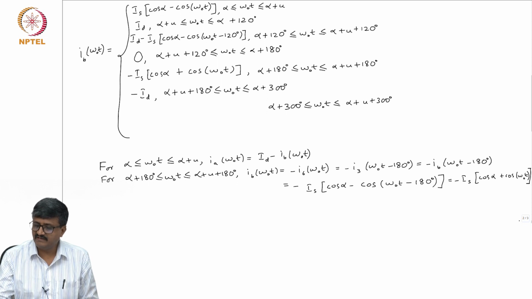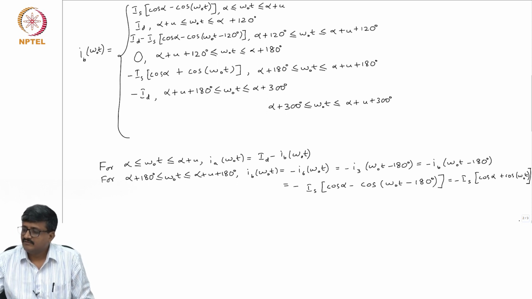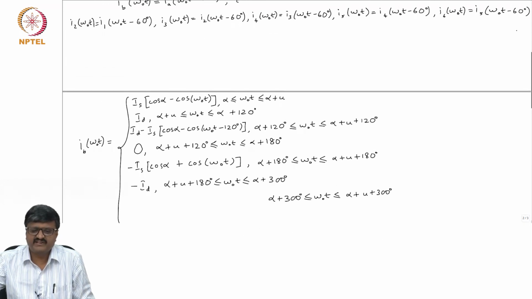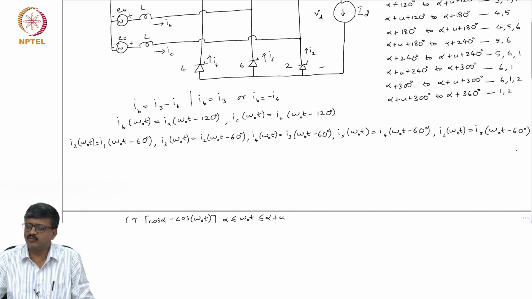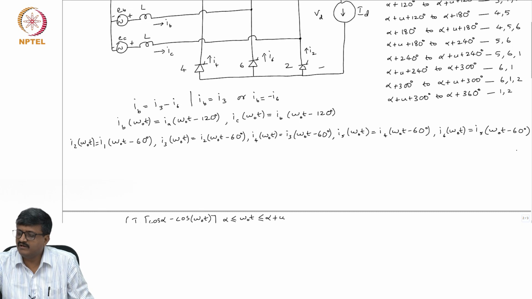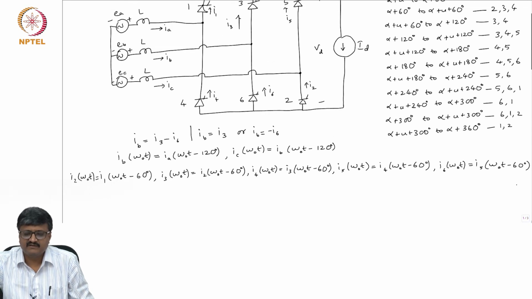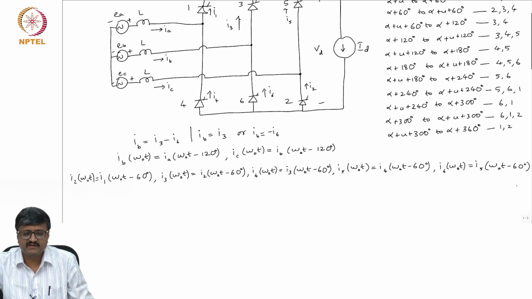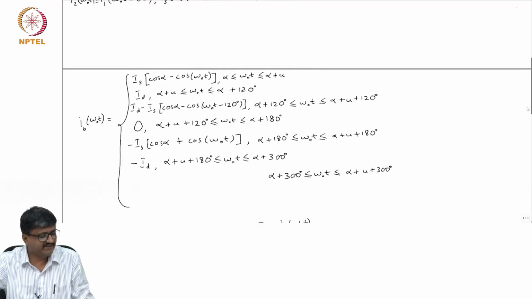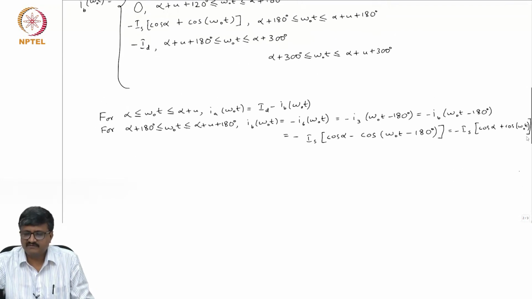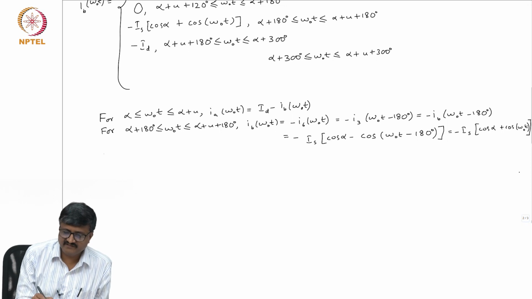So, in this subinterval, alpha plus 300 to alpha plus u plus 300, valves 6, 1 and 2 are conducting. So, when valves 6, 1 and 2 are conducting, then what is IB? Of course, it is minus I6. IB is minus I6, but how do you get that? What is the use of that? Okay, let me write it.